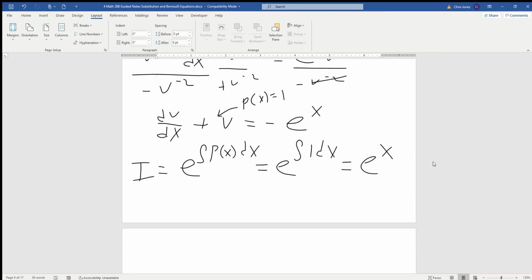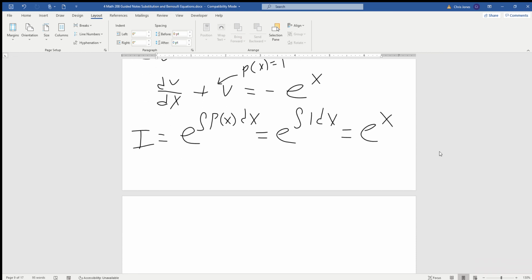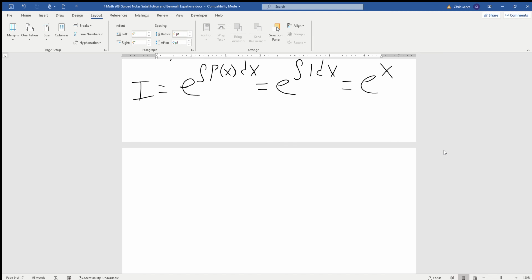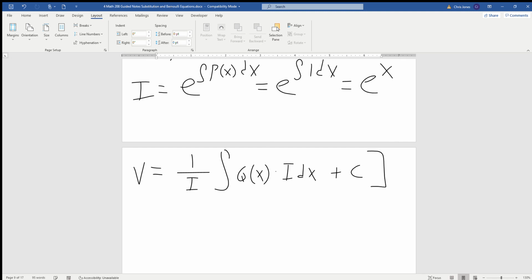And now we're going to shove it right back into our equation. Remember, our equation, not for y, but for v this time, is 1 over the integration factor, times the integral of q of x times the integration factor dx plus c. That's the formula we found from before.